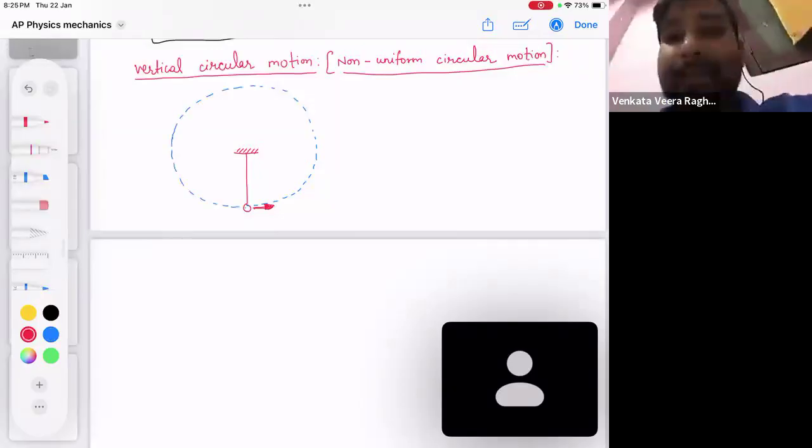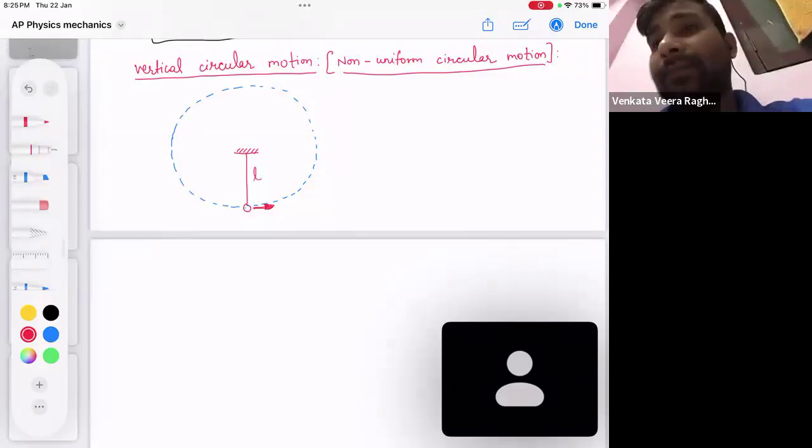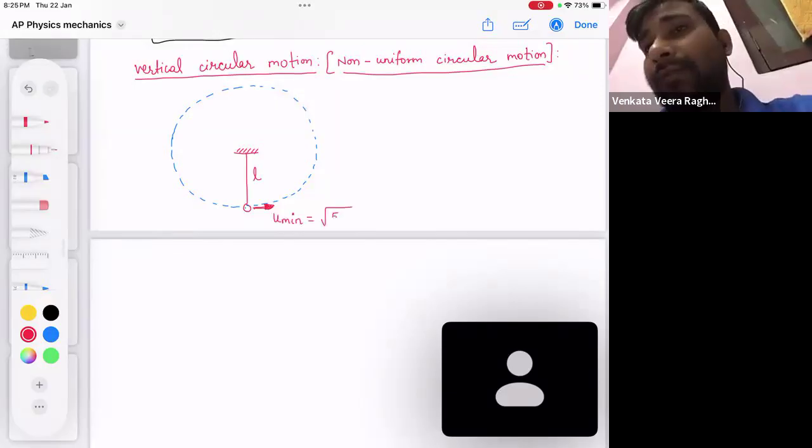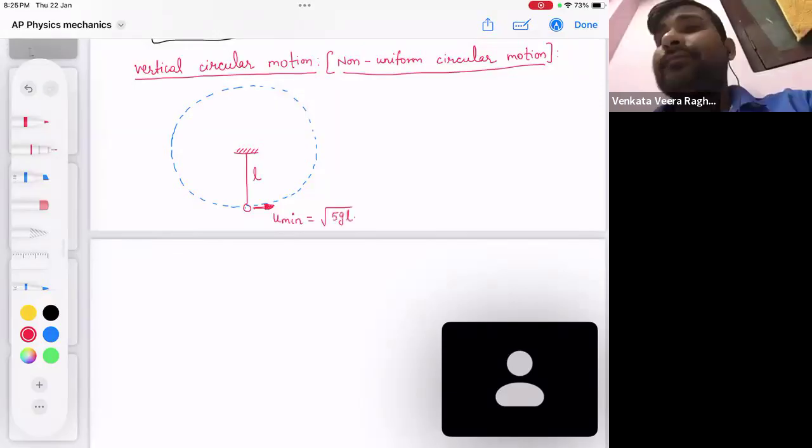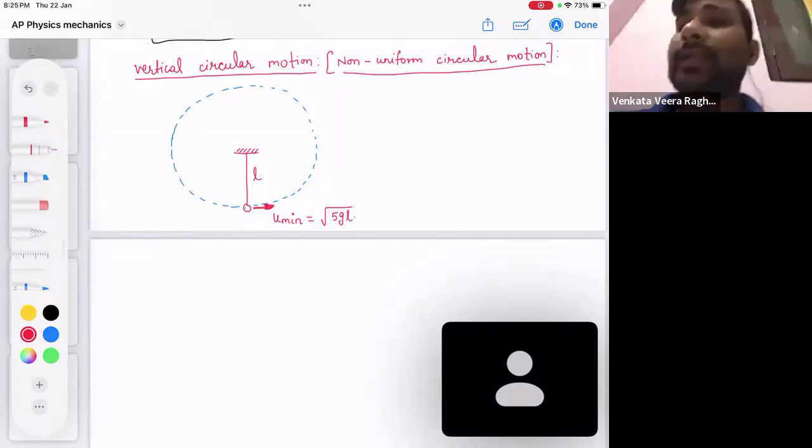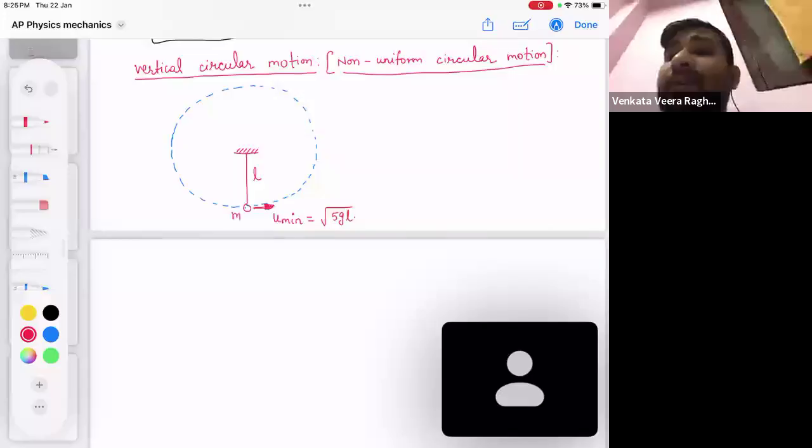Here L is the length of the pendulum. So the minimum requirement is under root of 5gL. It does not depend on the mass of the particle. Whatever the mass of the particle is, the minimum requirement of velocity will always be root 5gL.